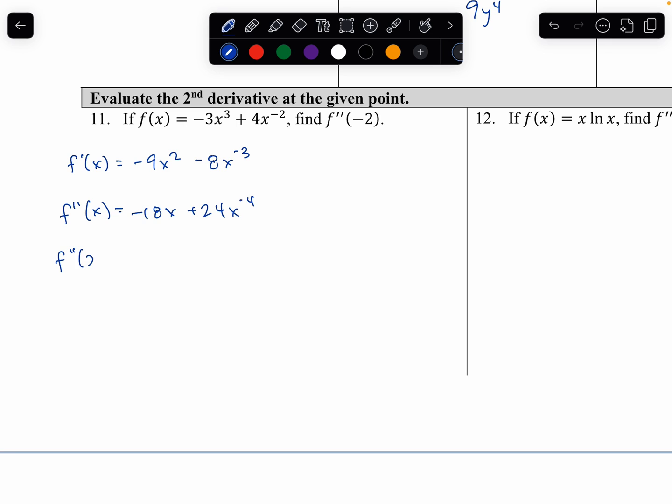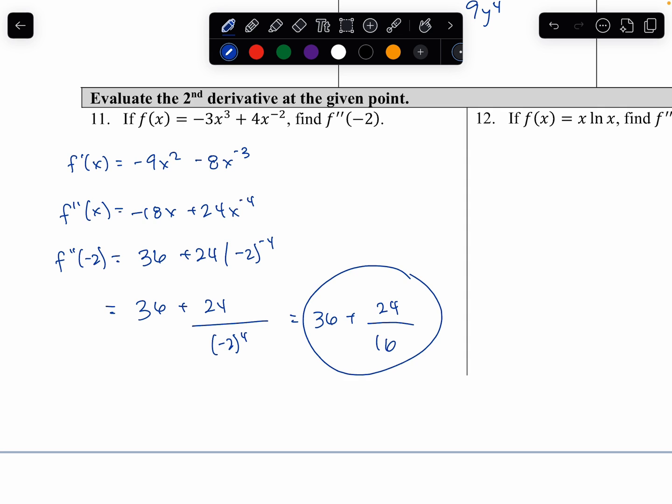And then I'm going to plug in negative 2. So that's going to be equal to 36 plus 24 over negative 2 to the 4th. Doing some algebra, that's going to be equal to 36 plus 24 over 16 right there.